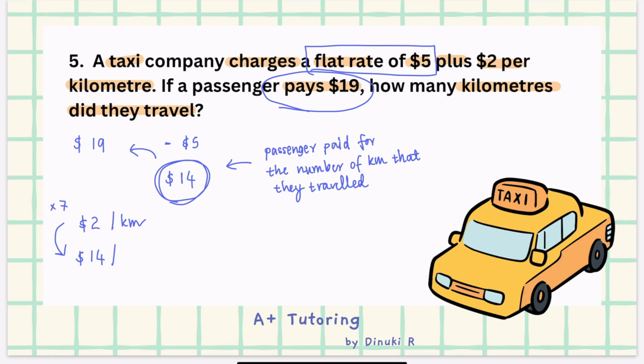Remember when you're doing these calculations and comparing two rates essentially, only use multiplication or division, not addition or subtraction. If we've done that to one side, we need to balance it out by doing the same to this side. So 7 kilometers. And that's our answer. The passenger traveled 7 kilometers.